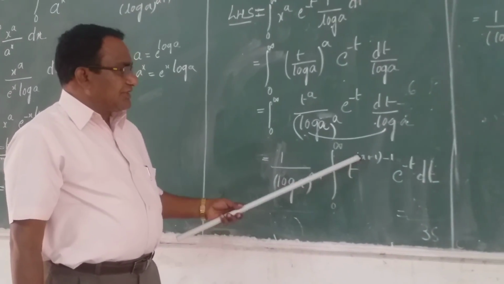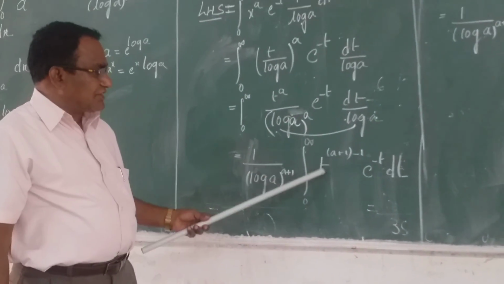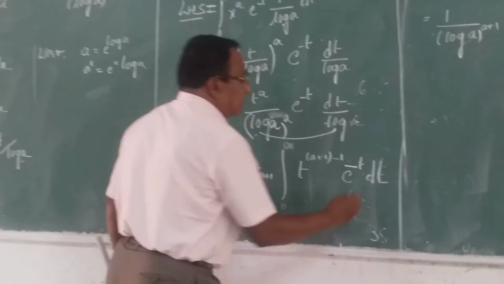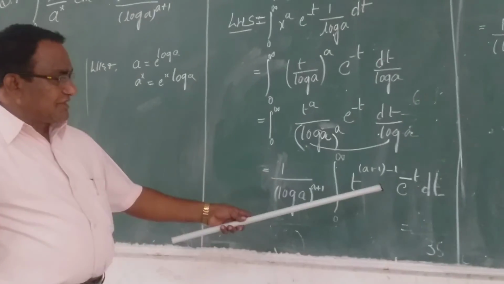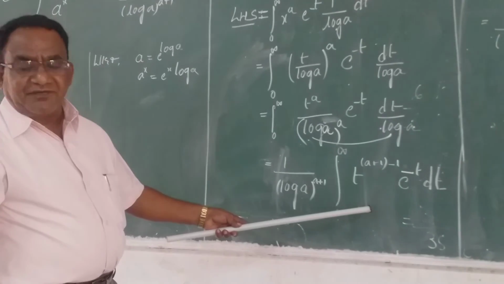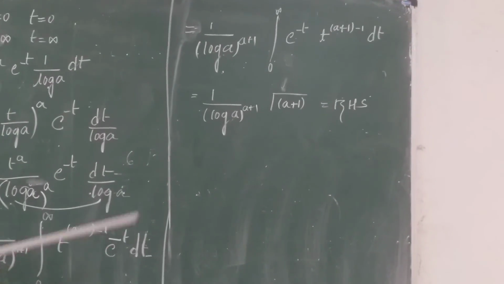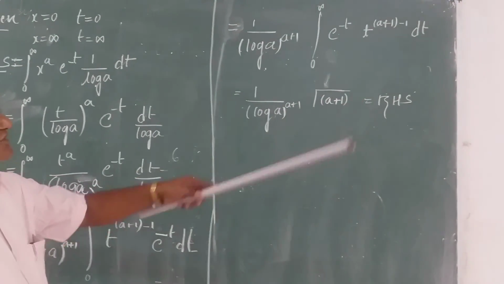So t to the power a, you write as t to the power a plus 1 minus 1 into e to the power minus t dt. This is by the definition of the gamma function, gamma a plus 1.